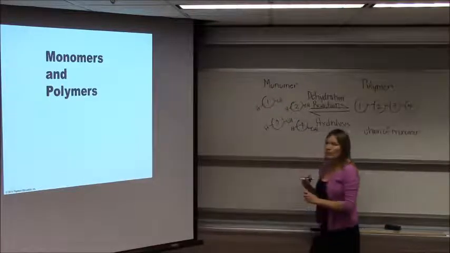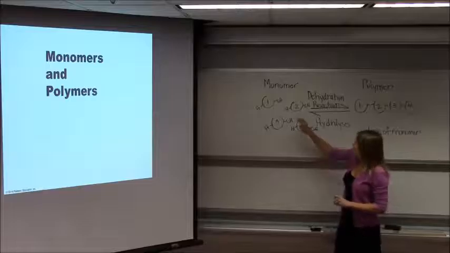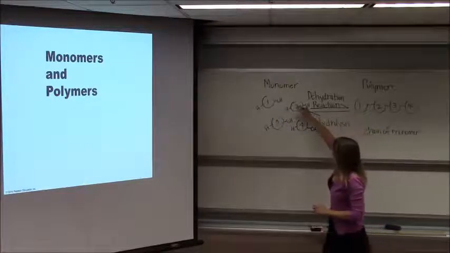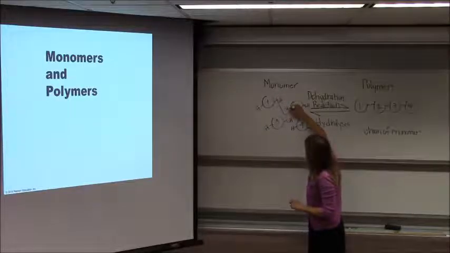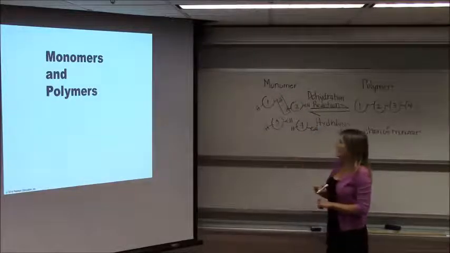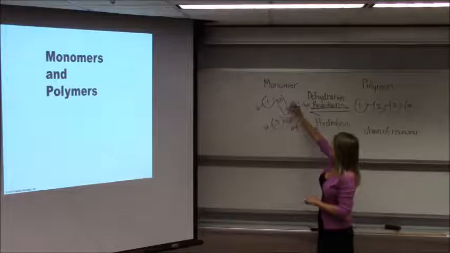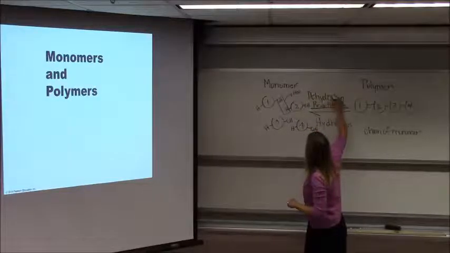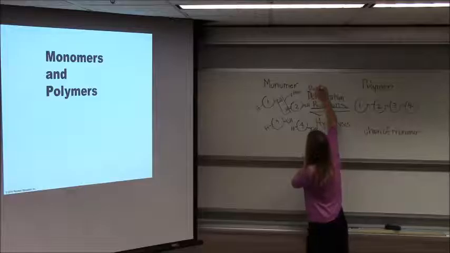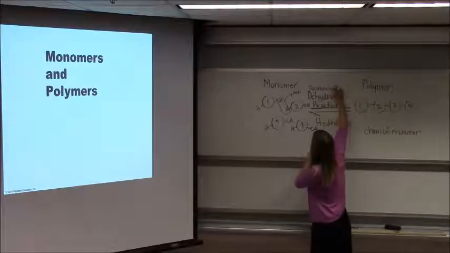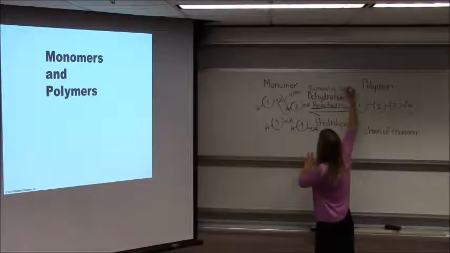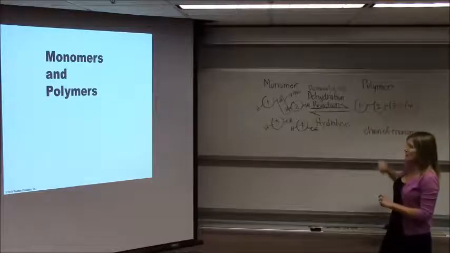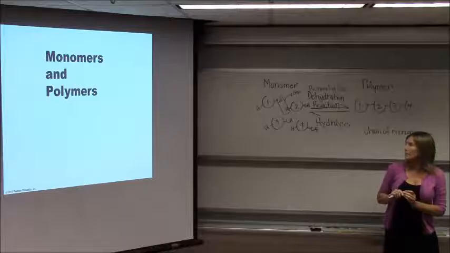So when we say that we're removing water, what we're going to do to link number 1 and 2 together in this chain is we're going to take a hydroxyl group from one and a hydrogen from the other. So dehydration reaction is going to be removal of water. We remove the water to link the monomers together to form this polymer.